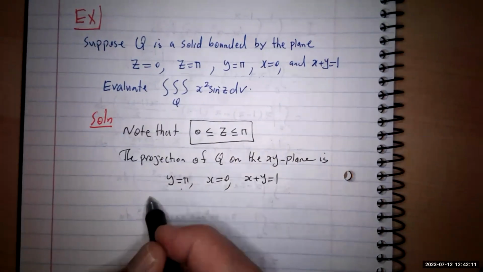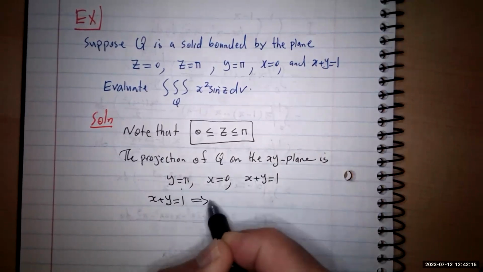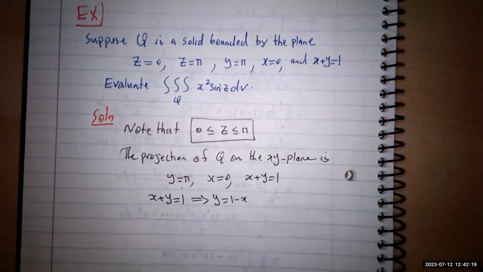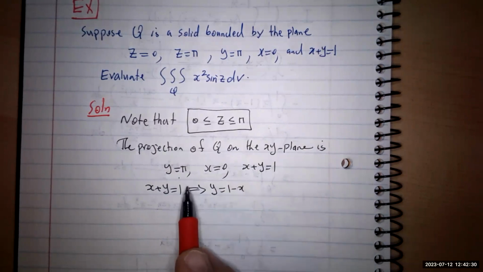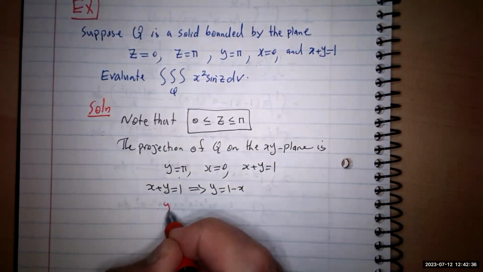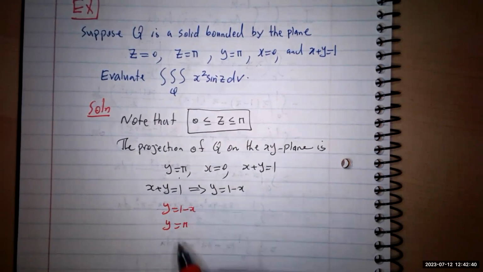So what we do is we say x plus y is equal to 1, so I solve for y. y would be 1 minus x. That quickly gives you the restriction for the y. You can even graph it. So far what you have is y equal to 1 minus x, which is a line, and y equal to pi.